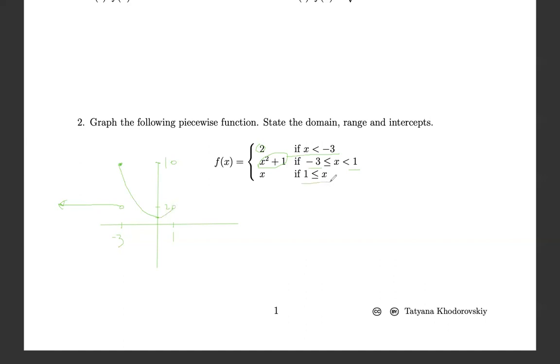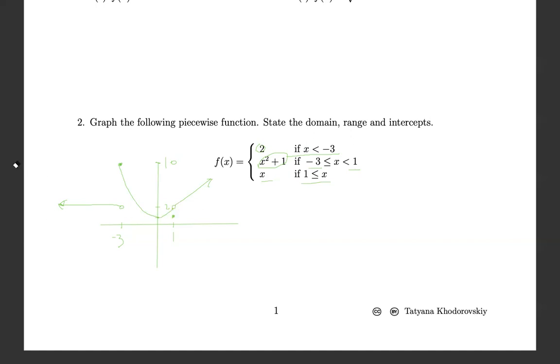Third piece is from 1 or more. Right? From 1 goes up to positive infinity. So that's the identity function. Identity function is this. It keeps going on forever. Oh, hold on. It doesn't start from this. It starts from 1, 1. Right?